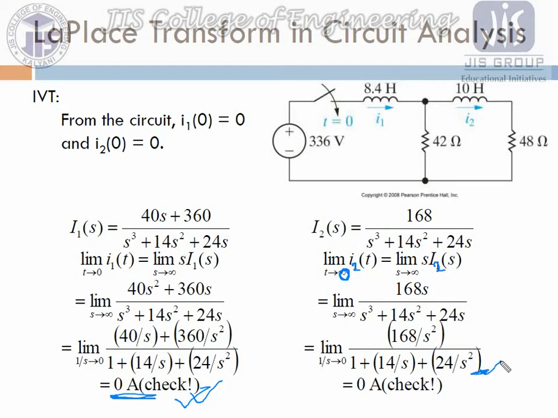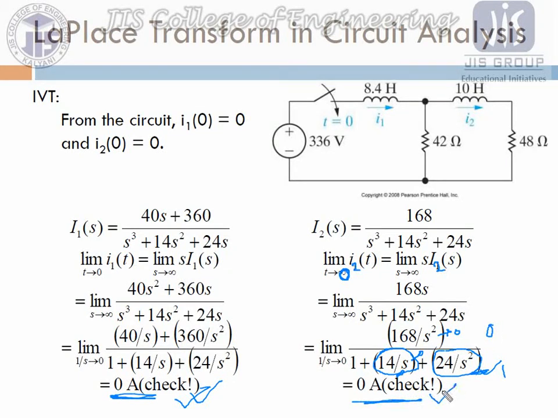If we put s equals infinity, the numerator portion should be 0, and the 14 by s and 24 by s square terms will also be 0. So the denominator will be 1 and the numerator is 0, so 0 by something is 0.